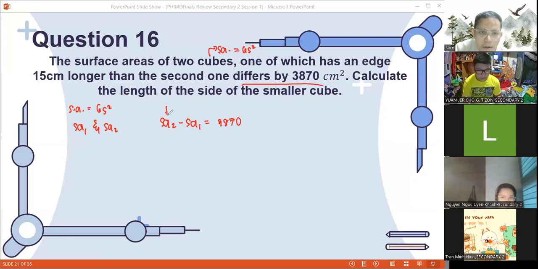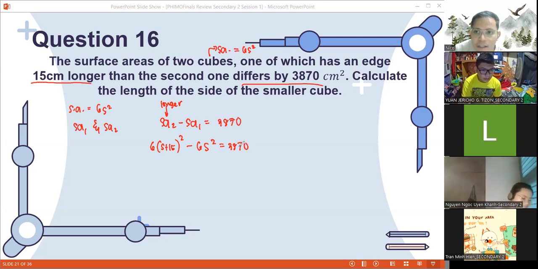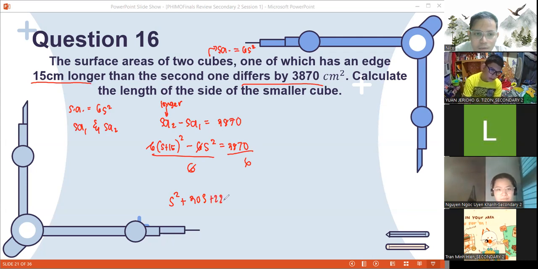So this one is the longer. It's longer by 15 centimeter. So this is 6 times (s plus 15) squared minus 6s squared is equal to 3870, right? Okay. So divide everything by 6. So we have here s squared plus 30s plus 225.